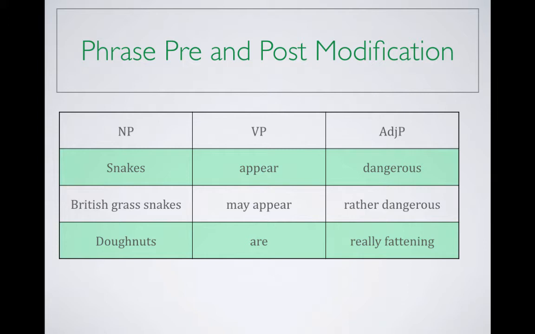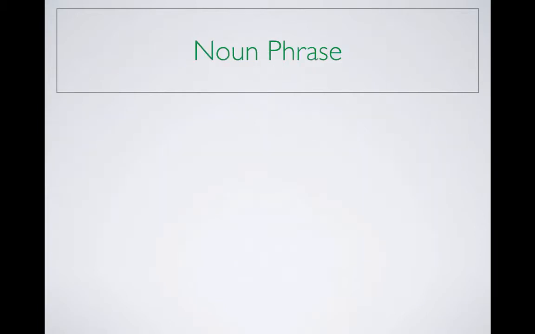Donuts can stand by itself as a noun phrase. Are can stand by itself as a verb phrase. And fattening could be standing by itself as an adjective phrase, but in this case is pre-modified by really. Let's take a look at the noun phrase in more detail.